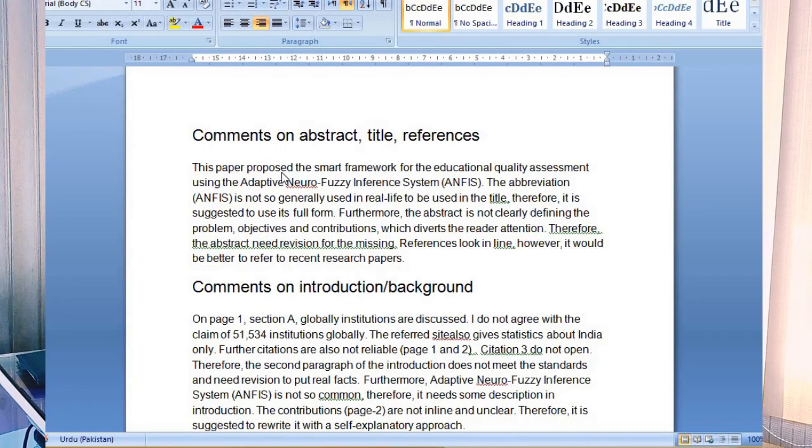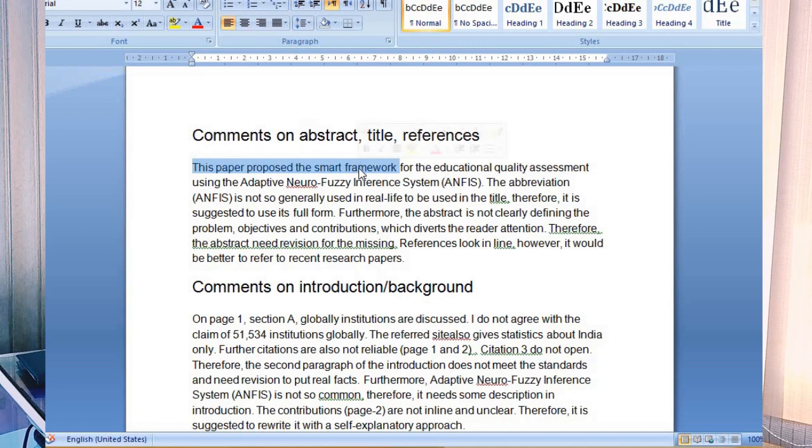So let's check one paper, a review paper, how I reviewed it and how I commented on this paper. This is a simple review which I am going to show you.